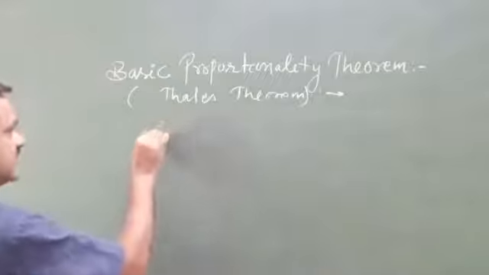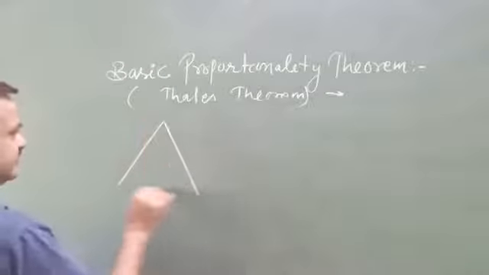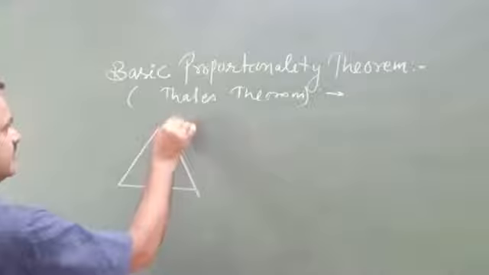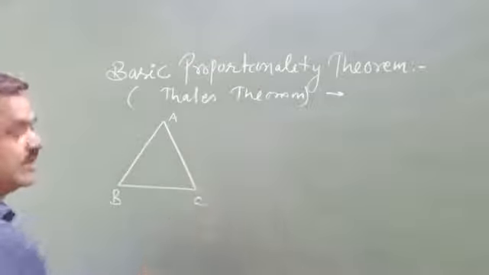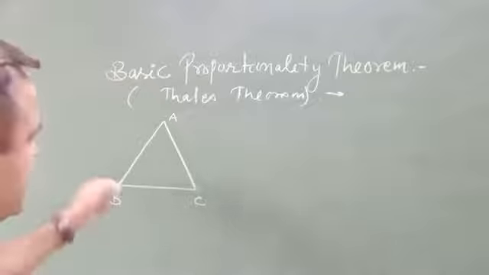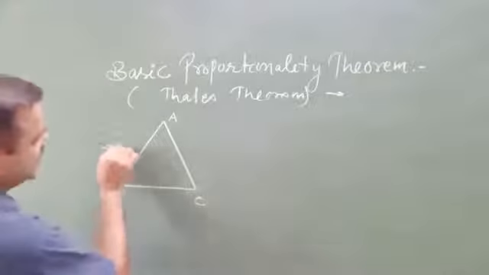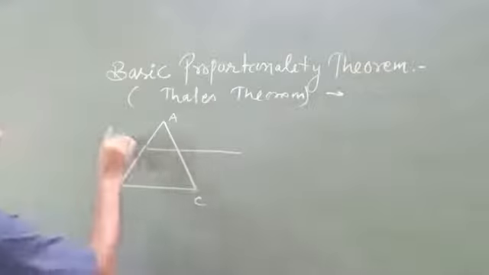Here, suppose that there is a triangle ABC. ABC is a triangle in which there is a line L which is parallel to BC.